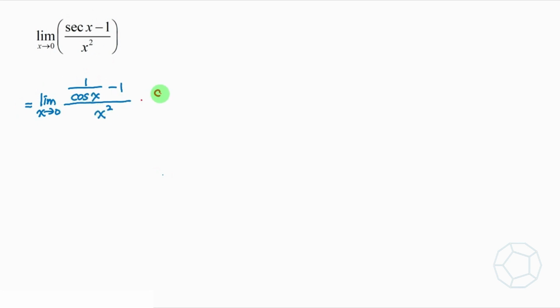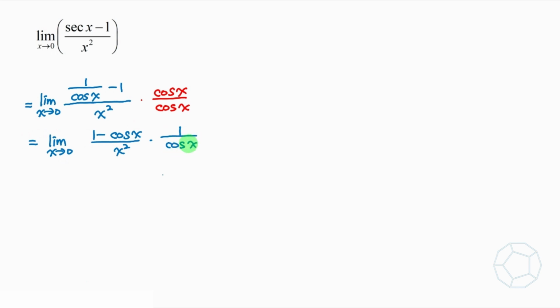Multiply both numerator and denominator by cosine x. Then we get limit x tends to 0, 1 minus cosine x over x squared times 1 over cosine x.